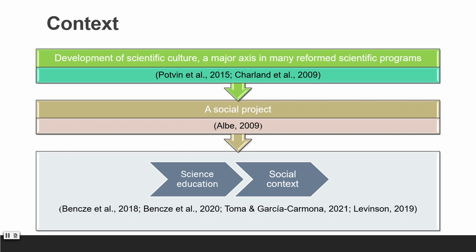Virginie describes this objective of developing scientific culture as a social project, in which scientific education should lead students to make choices in a social dimension where science is involved.